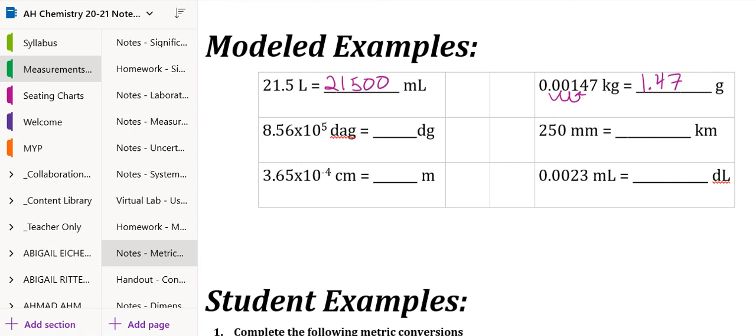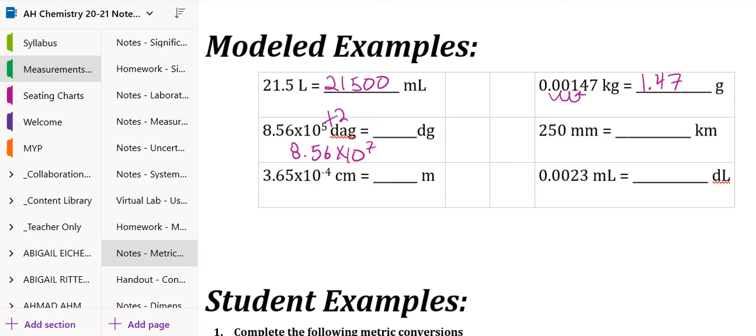Bigger to smaller. Multiply by 10 how many times? 2. So what can I do here to show that I want to multiply by 10 2 more times? Add 2 to the exponent. Good.